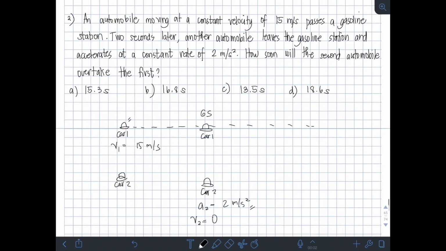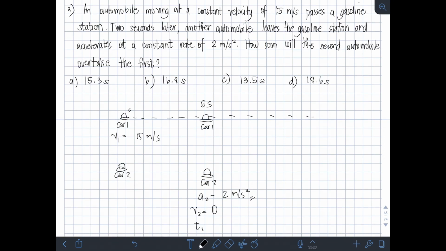So, nangyari yon at time T2. Which is dapat 2 seconds less than dito sa time na travel na ni car 1. Kasi nauna siya, right? Etong car 2 is na late ng 2 seconds bago mag-pass dito sa gasoline station. So, let's say, kung T1 natin yung time for car 1, yung relationship nung total time traveled nila nitong car 1 tsaka car 2 is bale, yung T1 is 2 seconds more than the time nitong T2.